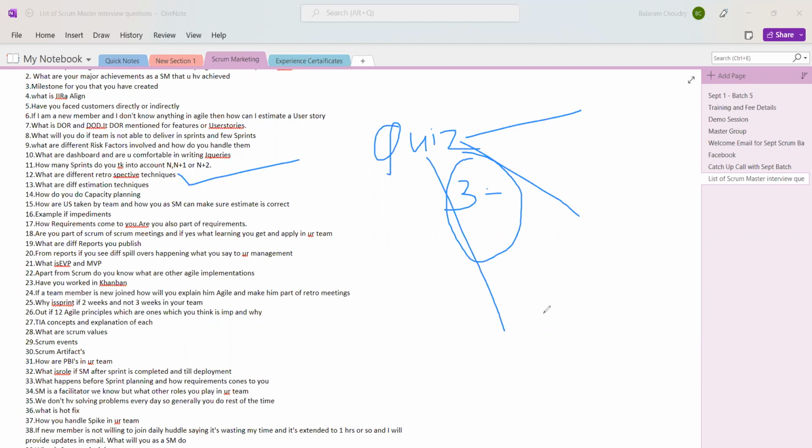Otherwise, if you get into the meeting and say, hey guys, let's understand what we did well and what we did not do well, people may not always focus. They think, this is such a boring meeting, why should we participate? So in that aspect the techniques are asked here. And the retrospective is generally recommended to be conducted on the 10th day, which is the last day of the sprint.